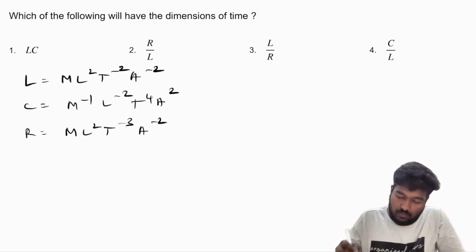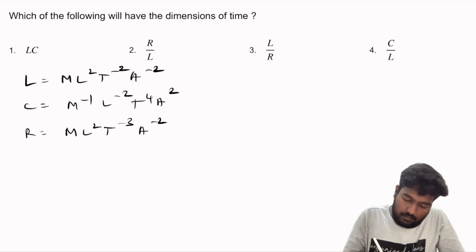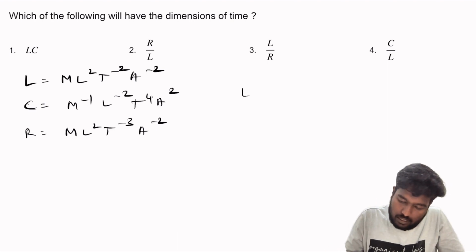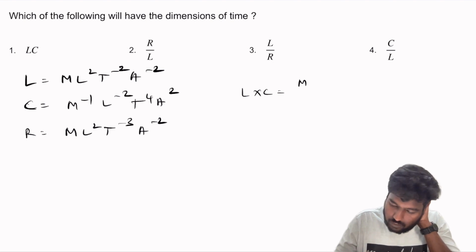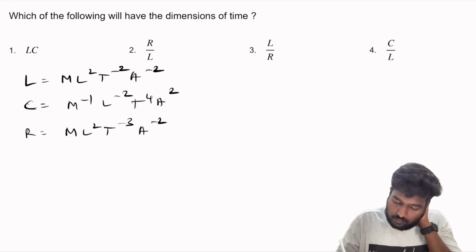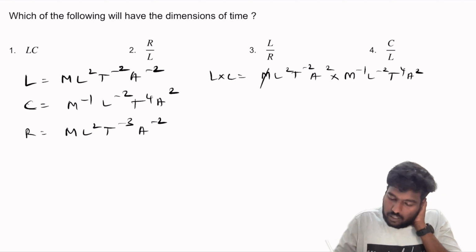Okay. So let's work out the combinations. Let's look at L into C. So if you multiply L into C, you will get M inverse and M will cancel. Let's do the full workout. So M and M inverse cancel.